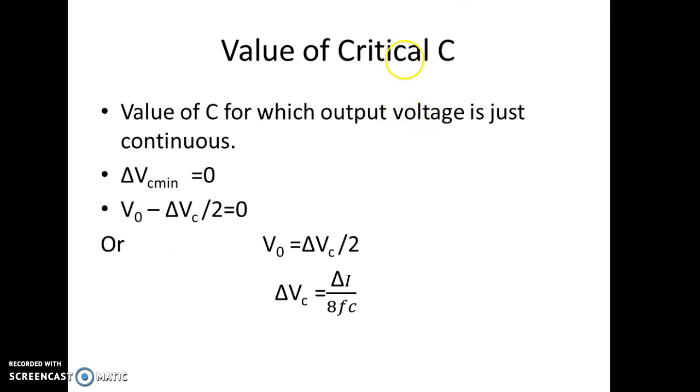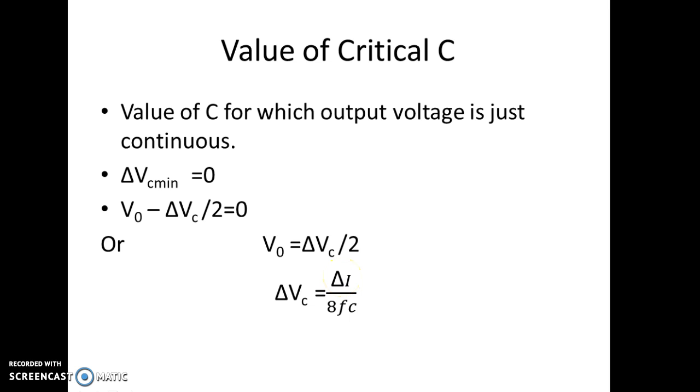So for that, del Vc equals 0 minimum value, and since the average voltage across the capacitor is equal to the average voltage of the load, V0 minus del Vc by 2 equals 0, V0 equals del Vc by 2. Just remember this and you can find the critical value of capacitance just by putting the formula del Vc equals del I by 8 Fc, and then V0 equals del I by just 16 Fc. From this you may find it, and you can find the value of delta I from the previous formula.